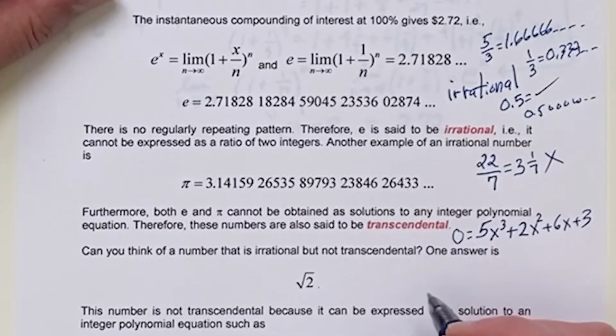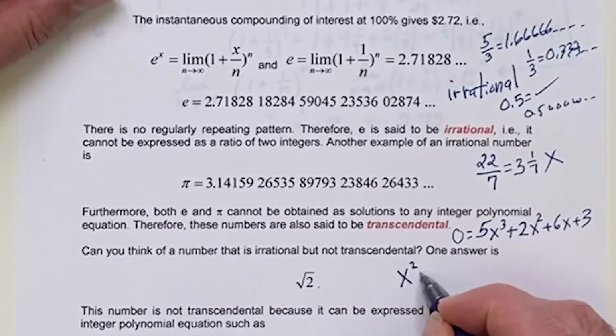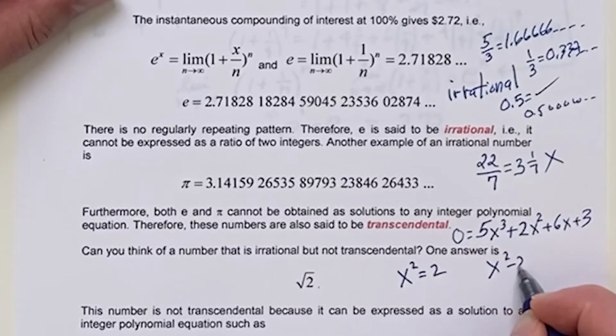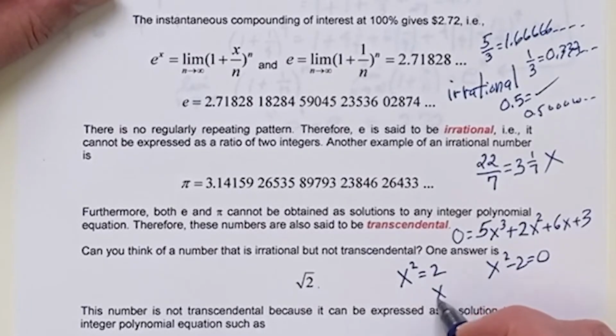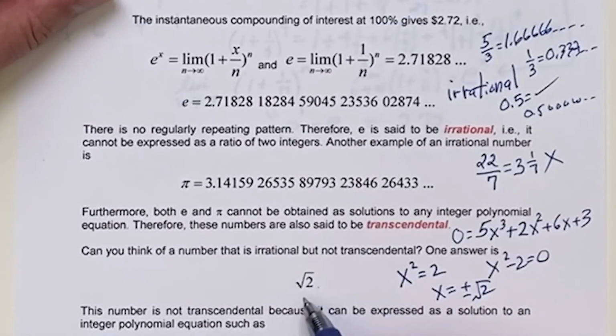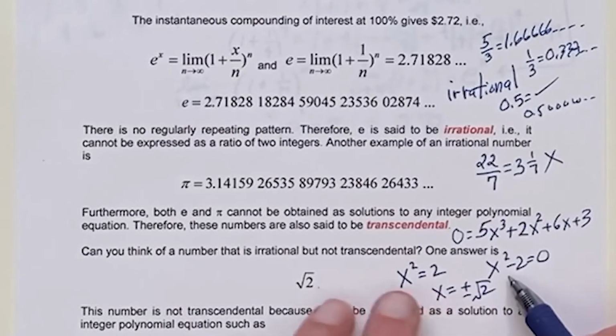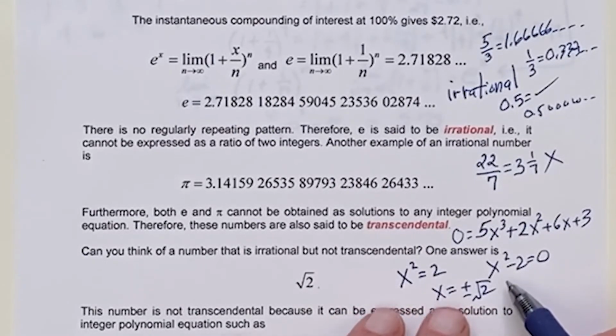But you can get irrational. For example, if you have x squared minus 2 equal to 0, then x is plus or minus the square root of 2. So that would be considered irrational because you can't make a ratio to get square root of 2, but it's not transcendental because it does come out of algebra, an equation with a polynomial.